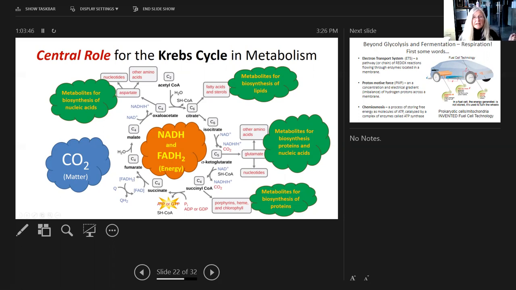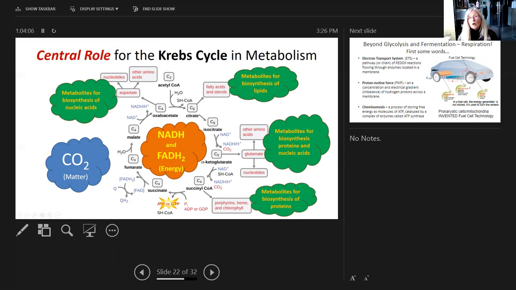But then notice that coming out of all of these different metabolites, these intermediaries, if you will, are building blocks for biomolecules. So here are metabolites that are flying off of here that go into building nucleic acids. Here are metabolites, fatty acids and sterol molecules, that are used to make lipids.